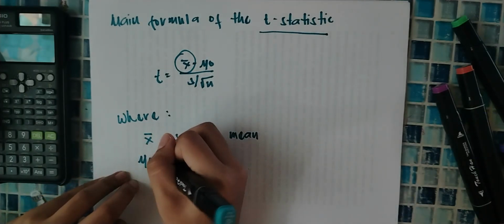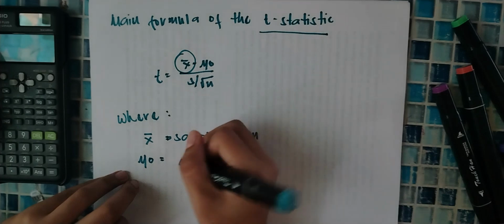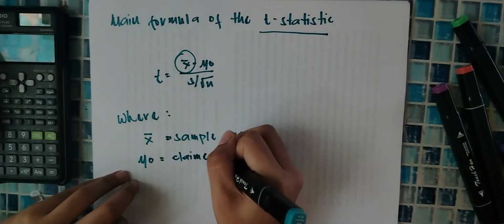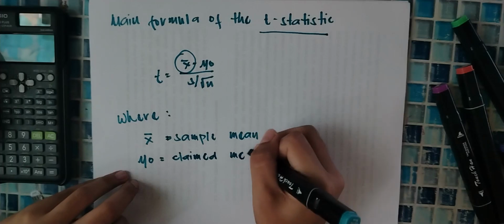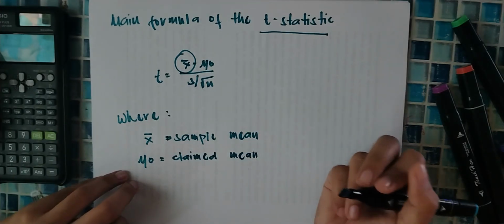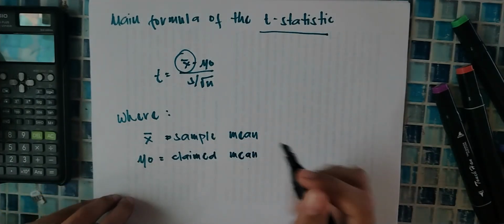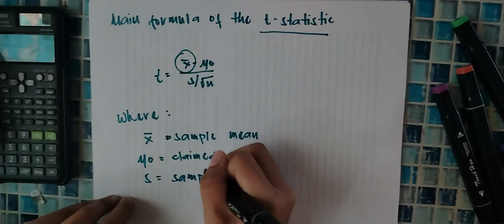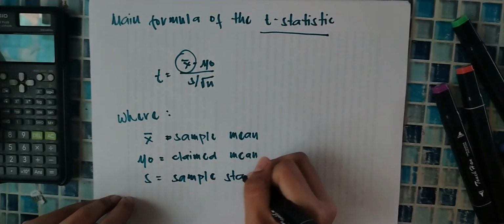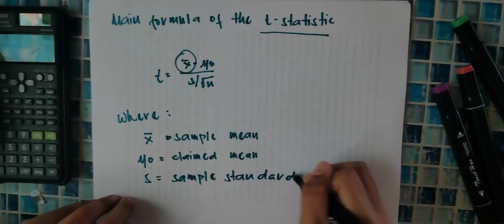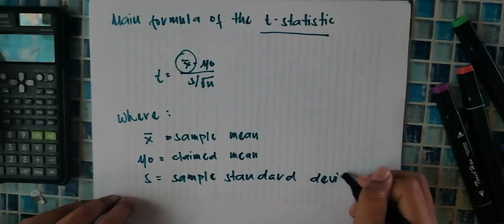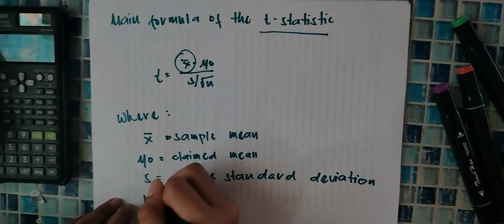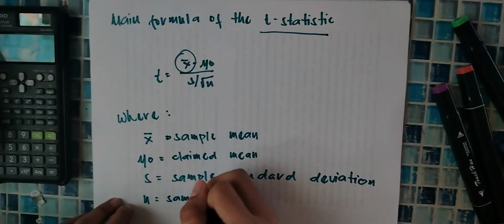Then next is the mu naught, which is the claimed or hypothesized population mean. Next is the s. s is the sample standard deviation. And lastly, the n is the sample size.